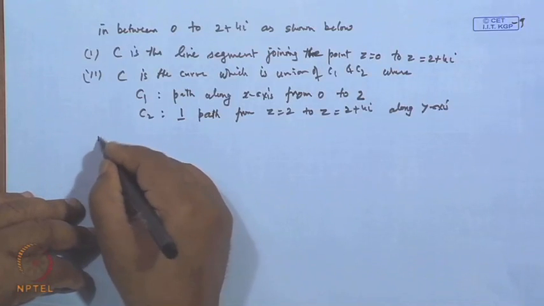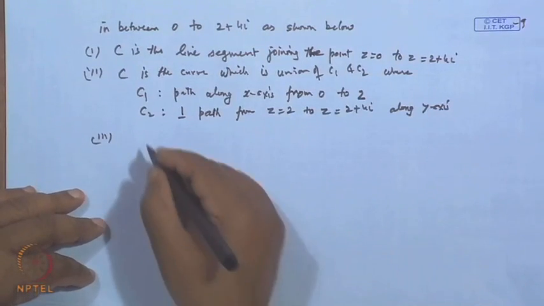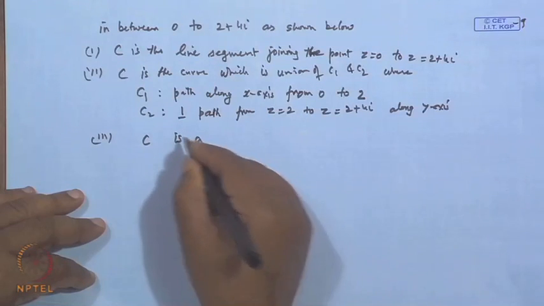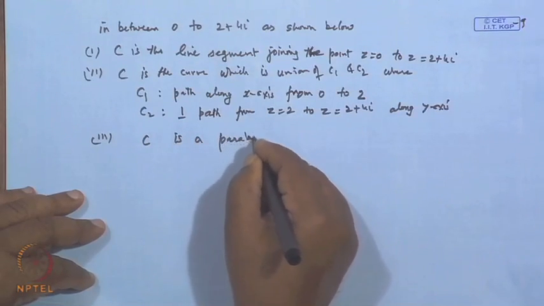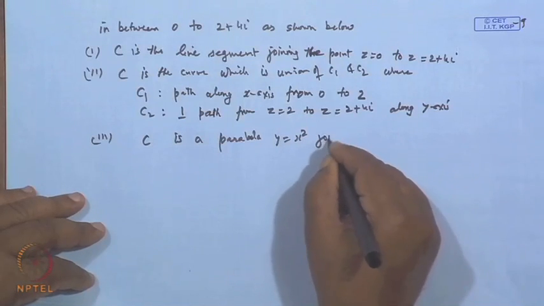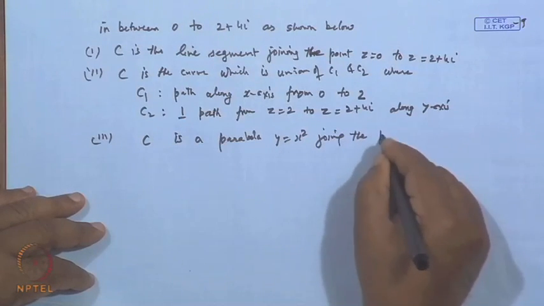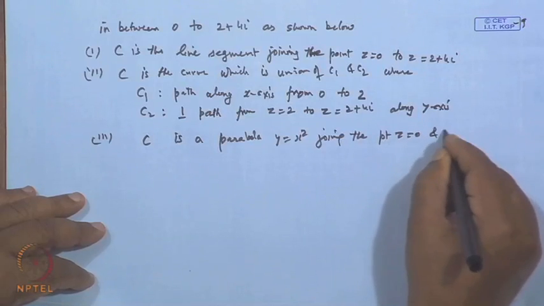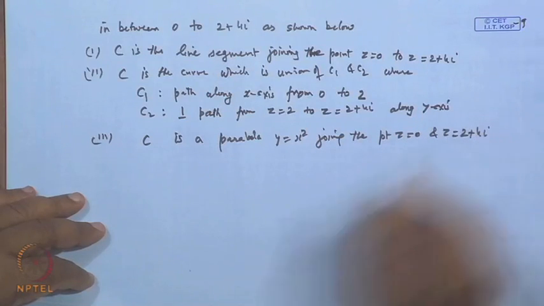Then third is that C is a parabola, y is equal to x square, joining the points z equal to 0 and z equal to 2 plus 4i.